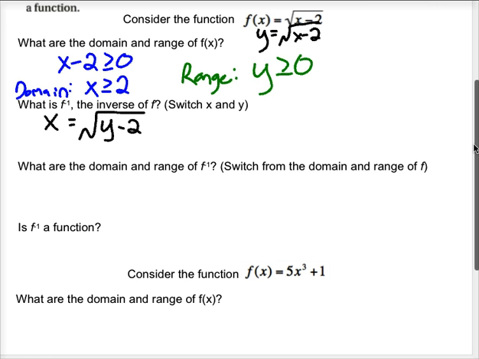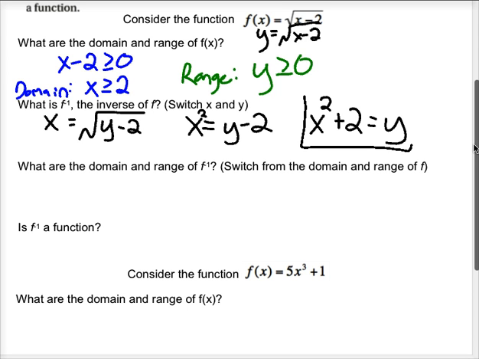Okay, we need to resolve for y. Well, we have a giant square root there. So to get rid of that giant square root, let's just square both sides. Remember, squaring undoes a square root. And then I'm going to add 2 to both sides. And there is my inverse.